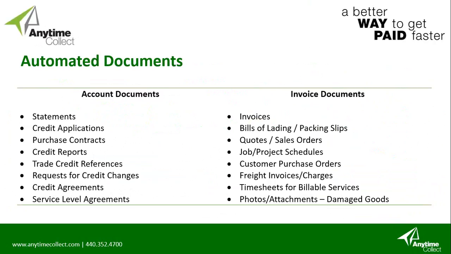You might have the customer purchase order, freight invoices and freight charges, accessorials, if you're in the transportation logistics industry. You could have timesheets for billable services that are tied directly to those invoices. And you can have other things, miscellaneous documents and files like photos or attachments of damaged goods, or maybe it's an approved RMA document. Okay.